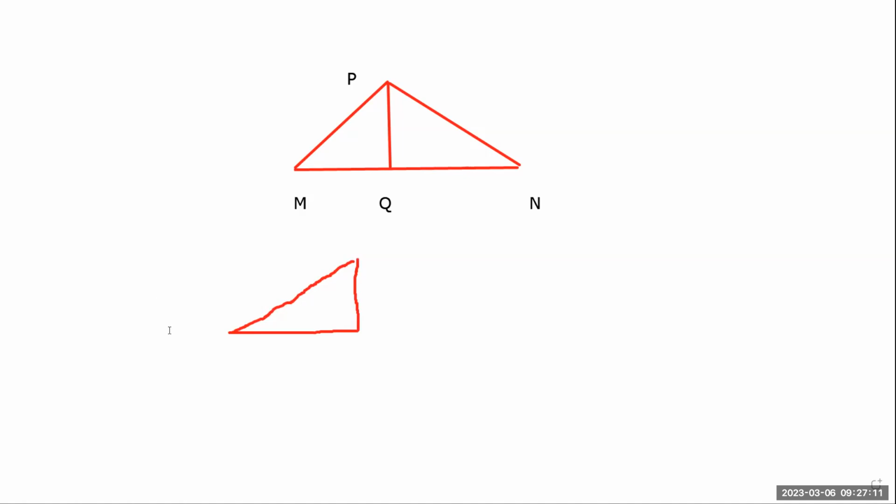This is M. This is Q. And this is P here, right? Now, MQP and NQP. So this is talking about this side.